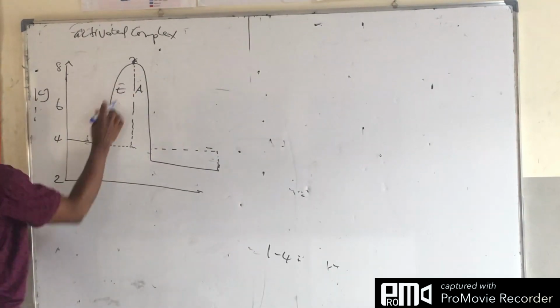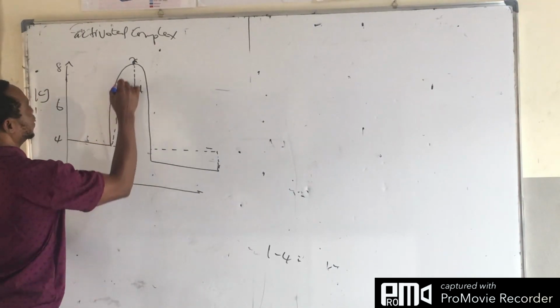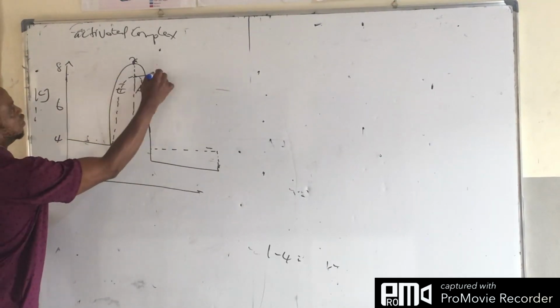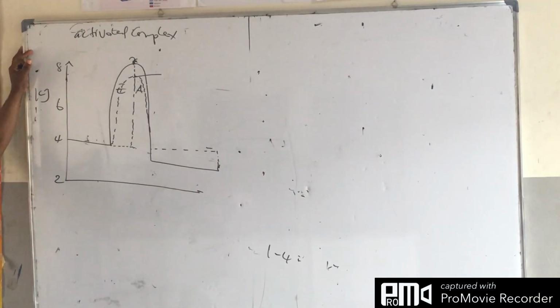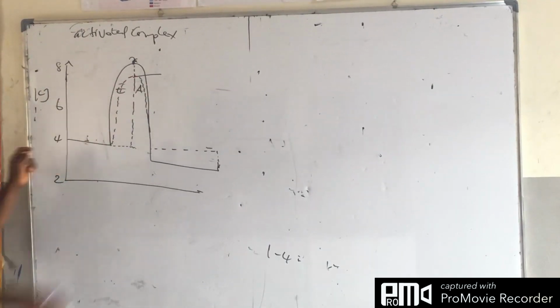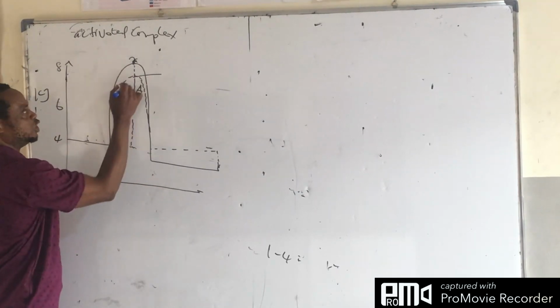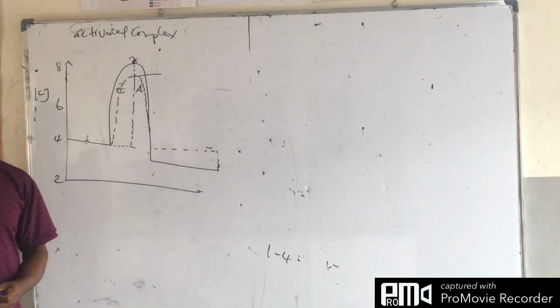From the same point here, you have another path like this. This is the catalyzed path. Catalysts only help to speed up the chemical reaction by lowering the activation energy. So the reaction is faster; instead of traveling all the way from here to here, it found a shortcut and gives you the answer. So that's what you have there.